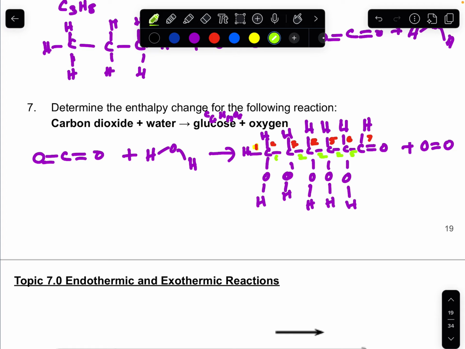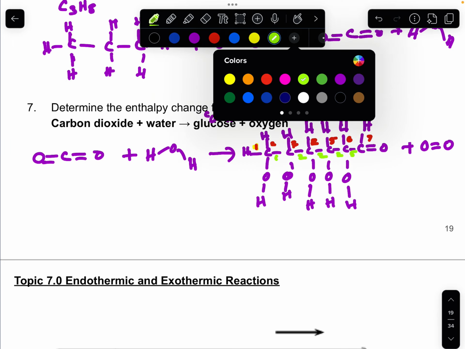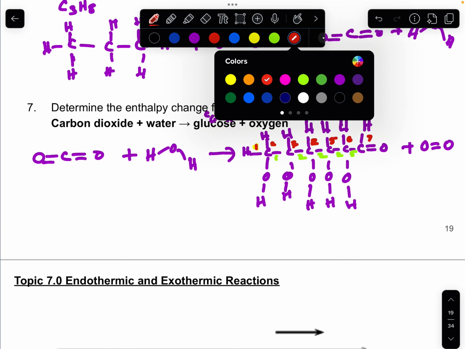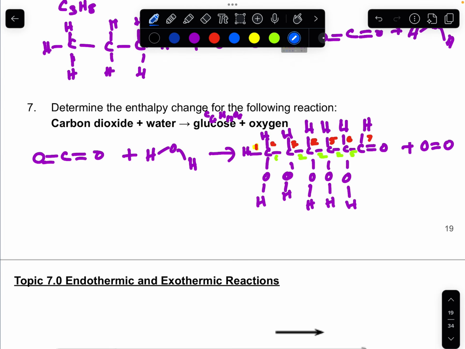Then OH-CO bonds, you have to calculate the CO bonds. Okay, so CO bonds are 1, 2, 3, 4, 5 CO bonds.